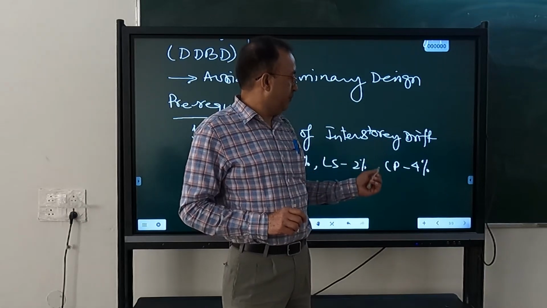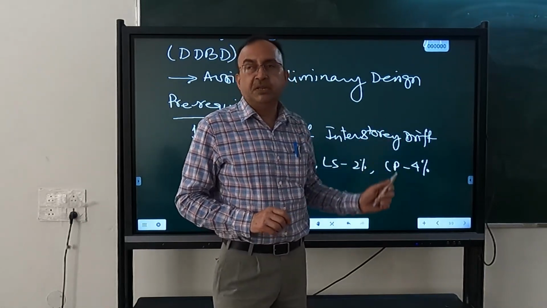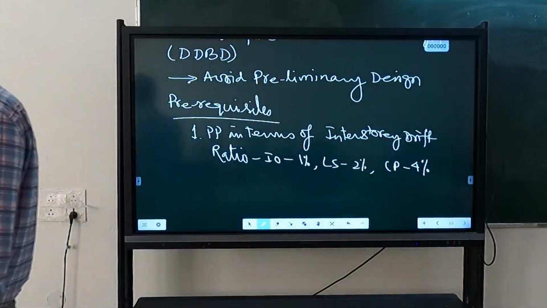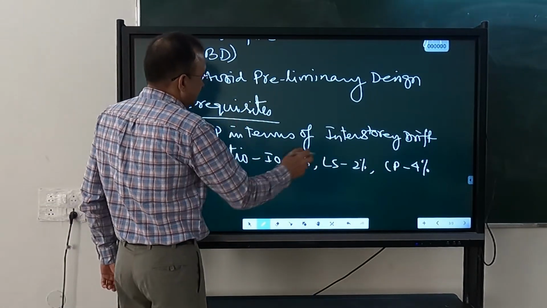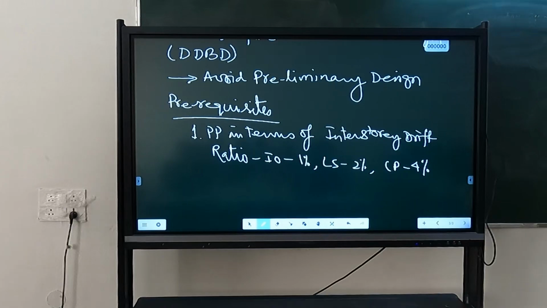If you are accepting damage, accepting the building just at the verge of collapse, then you can take up to 4%. If you want to have better performance, go for lower drift. So this is the limitation or prerequisite of this method, that performance point should be defined in terms of inter-story drift.